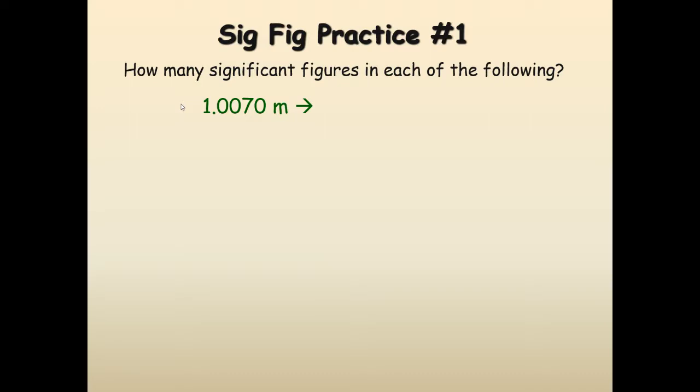So once we hit a number that is not zero, that's when we start counting. Here's my first non-zero digit right there. So I start counting from here: 1, 2, 3, 4, 5. So I have 5 sig figs in this number, because here's my first non-zero digit, and you keep counting till you hit the end of the number. Because that one has a decimal. All right, so 5 sig figs.